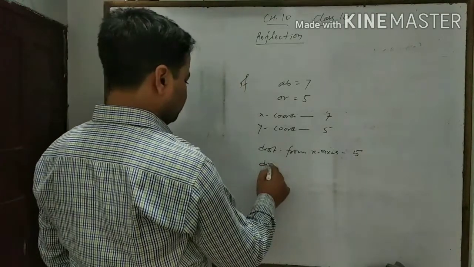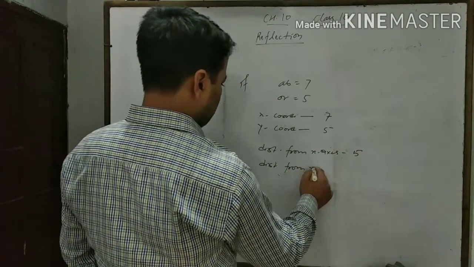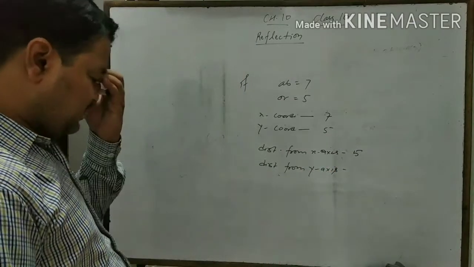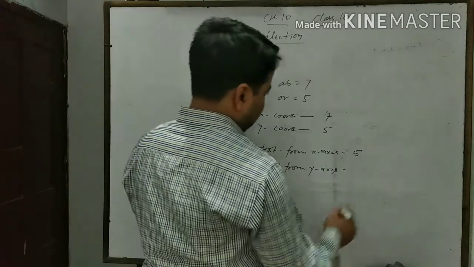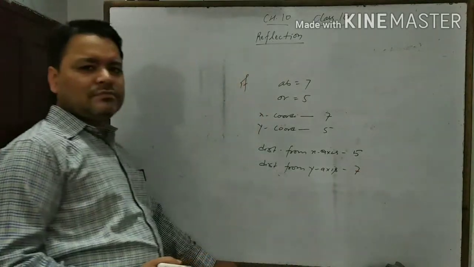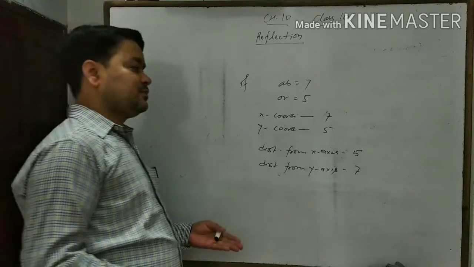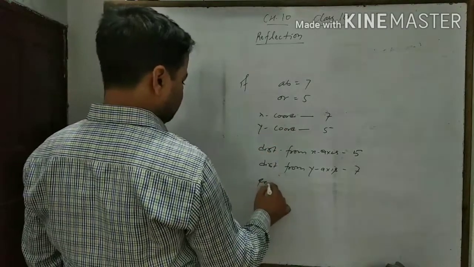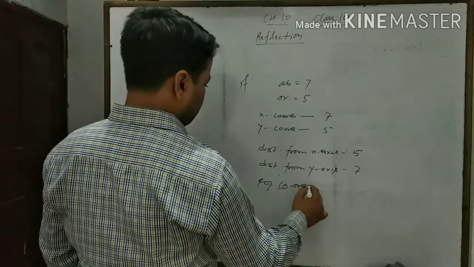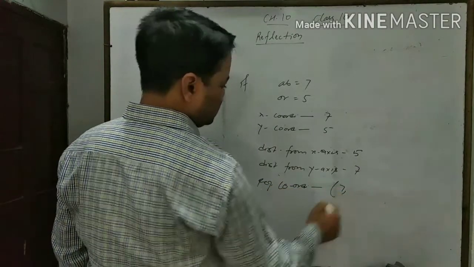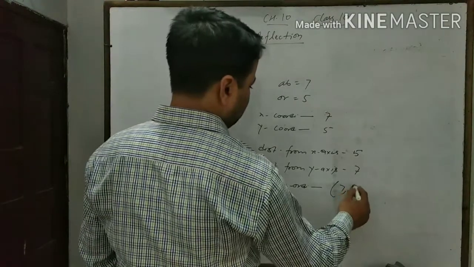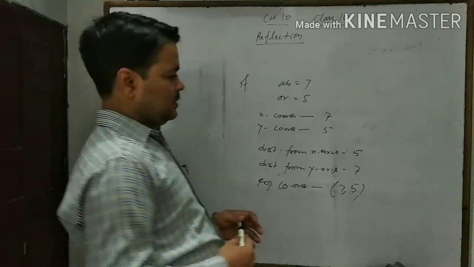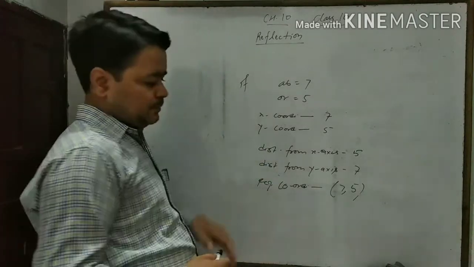And distance from the y-axis means the x coordinate, that is 7. Then what is the coordinate of that point? The required coordinate is first abscissa and then ordinate: 7, 5. Okay. In this way it is very easy.